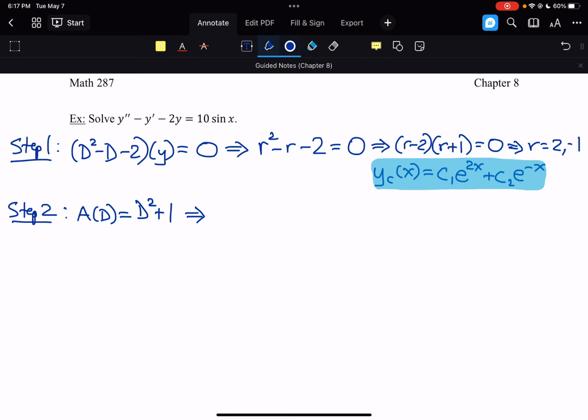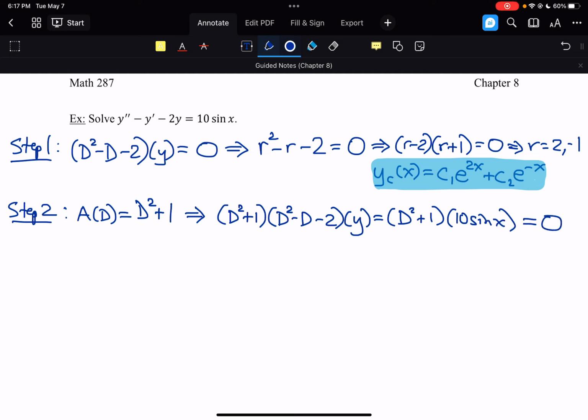So if we apply that to both sides of this differential equation, that's going to be d squared plus 1, d squared minus d minus 2 of y equals d squared plus 1 of 10 sine of x, which again, that will make 0 because that's why we chose that annihilator. That's how we designed this setup.